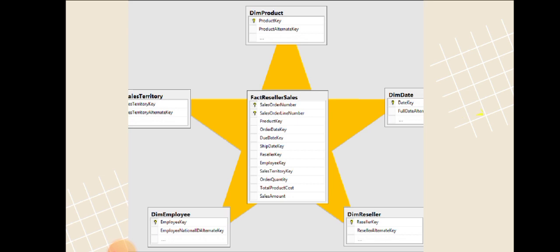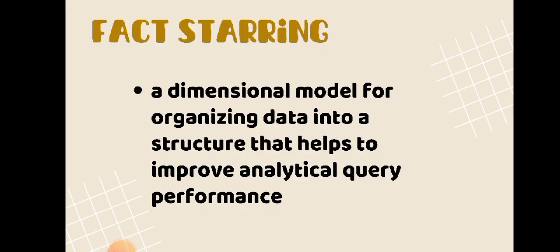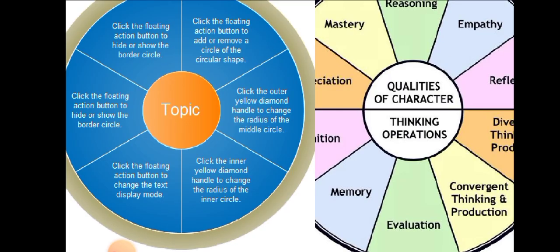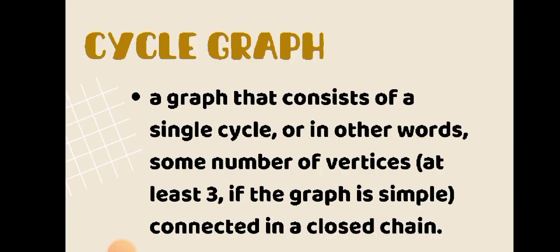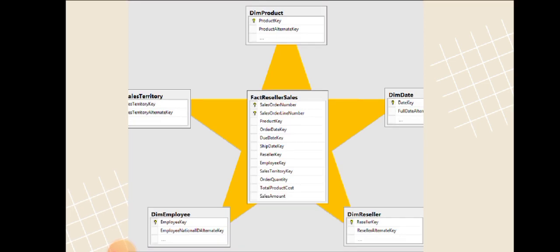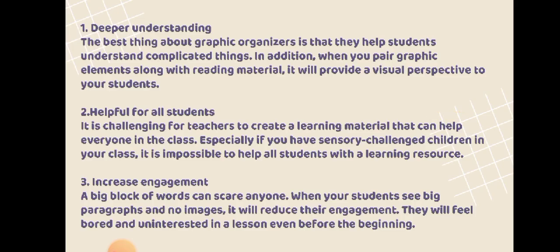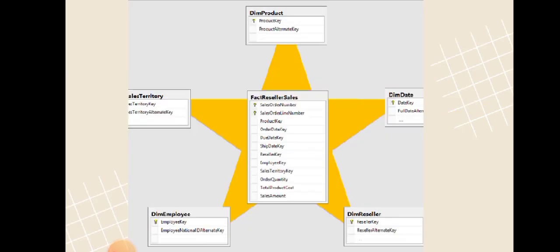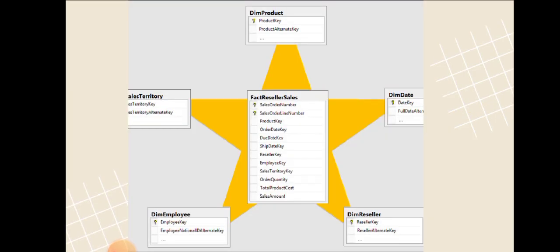So these tools and diagrams, namely the concept map, the concept cluster, the wheel map, the cycle graph, and last, the fact starring, each serve unique purposes in organizing and visualizing information, catering to different needs in learning, brainstorming, and understanding complex relationships.